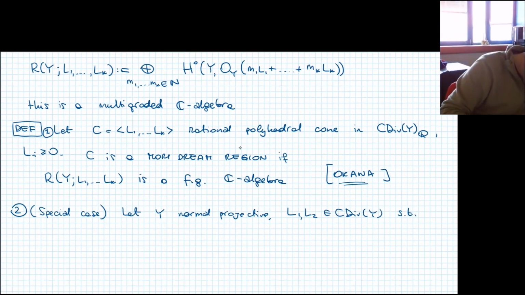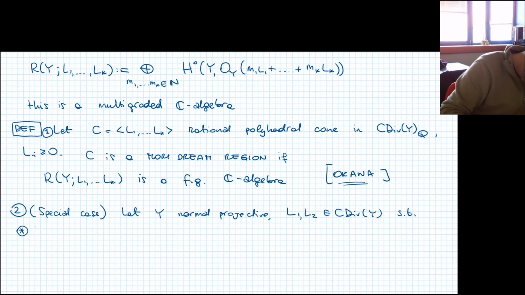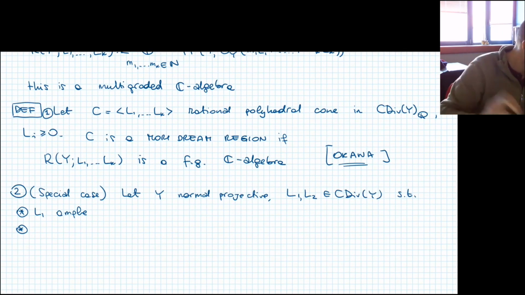So we want L1 to be ample. And we want the multigraded ring, no, sorry, we want R of Y, L2 to be finitely generated.